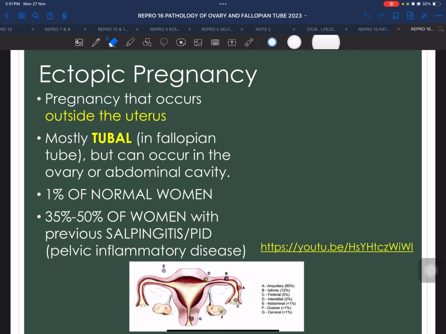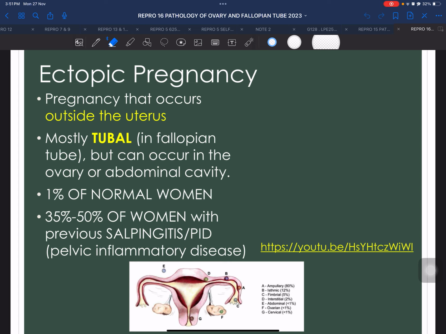The patient presents with amenorrhea, per vaginal bleeding, a palpable mass, and any symptoms common to early pregnancy. When you do an ultrasound of the abdomen, there is no gestational sac found in the uterus. So you have to suspect ectopic pregnancy when the pregnancy tests are positive.